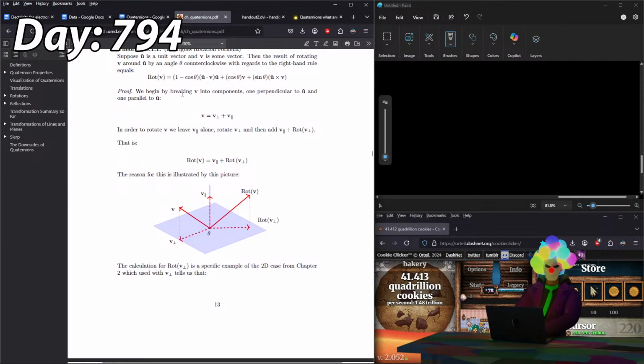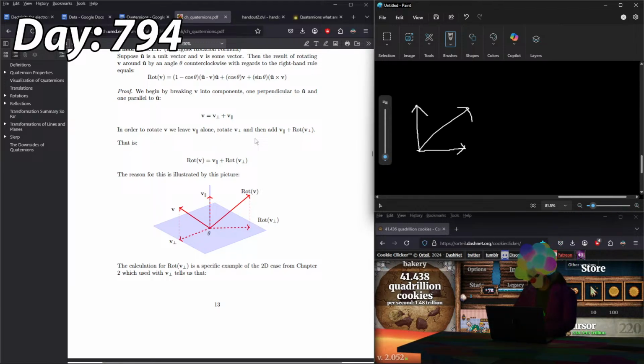Proof. We begin by breaking v into components, one perpendicular to u and one parallel to u. This makes sense: if we have a vector, we just break it down like so, because it's addition. Okay. So far I'm with you.